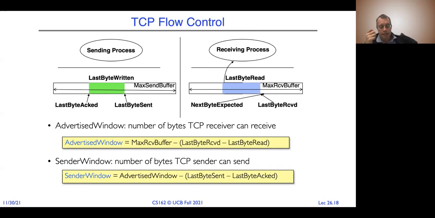You are the sender. The receiver tells you, my advertised window is 300 bytes. And since I learned this information, I already sent you 100 bytes. How many more bytes can I send you before I hear back from you, so that I am absolutely certain I'm not going to overflow you?